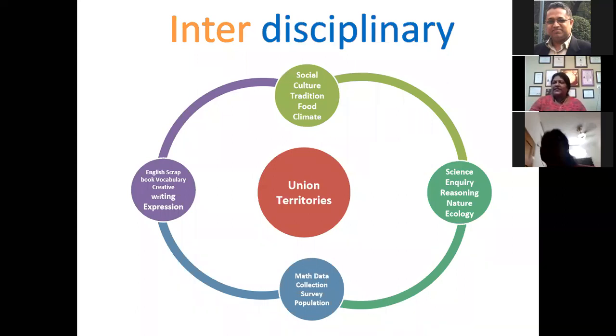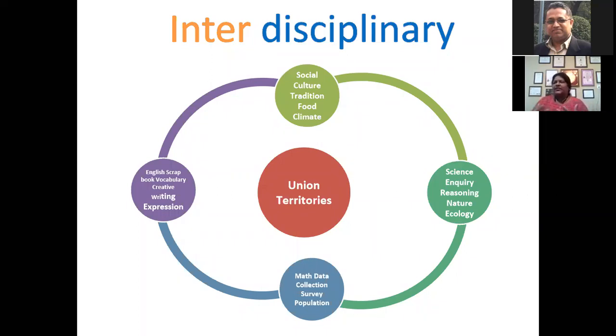The nature, ecology, the pollution, anything related to reasoning, anything related to research comes under the science part. So the ecology of that place, the vegetation of that place, everything comes under science.